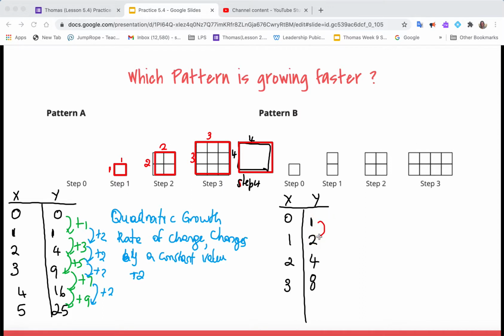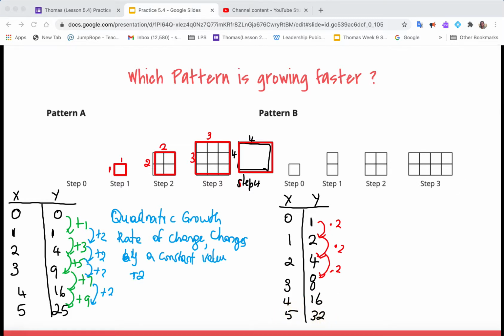1 times 2, that's 2. 2 times 2, that's 4. 4 times 2, that is 8. And so for our fourth step, that's going to be 8 times 2, that is 16. And for our fifth step, it's going to be 16 times 2, which is 32.